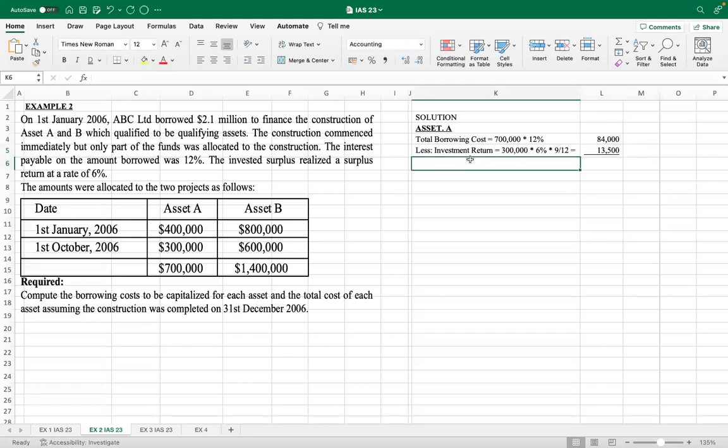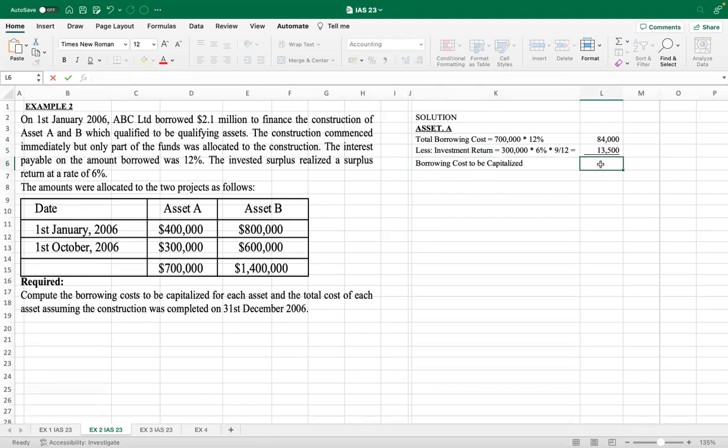This gives you the borrowing cost to be capitalized. So 84,000 minus 13,500 gives you 70,500 to be capitalized.